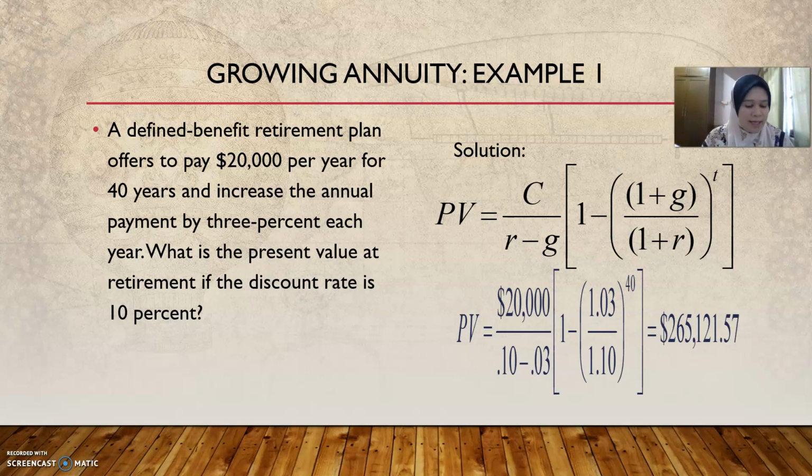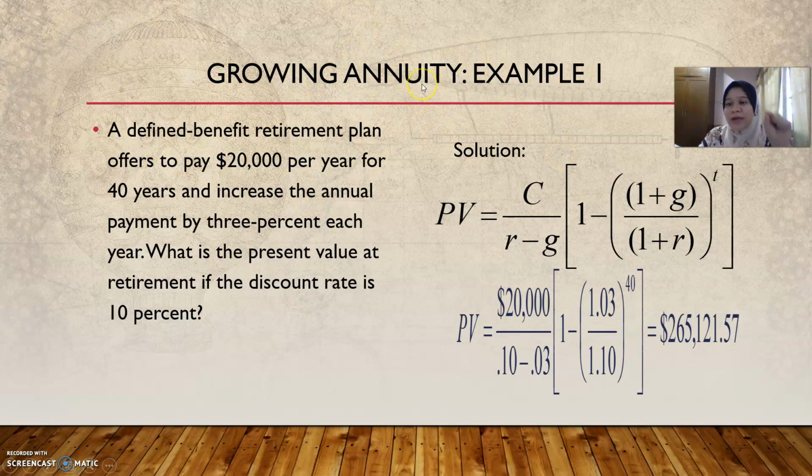Then only you solve the front part: 20,000 divided by 0.1 minus 0.03. Alright, so you will get 265,121.57. So that's how you're going to solve this problem using the growing annuity.